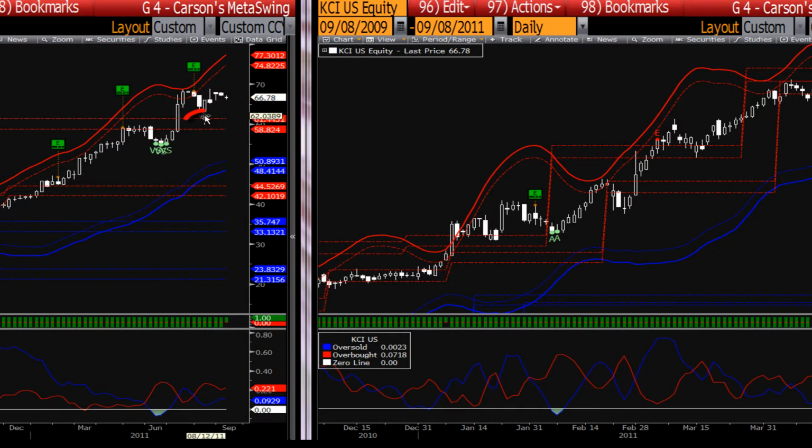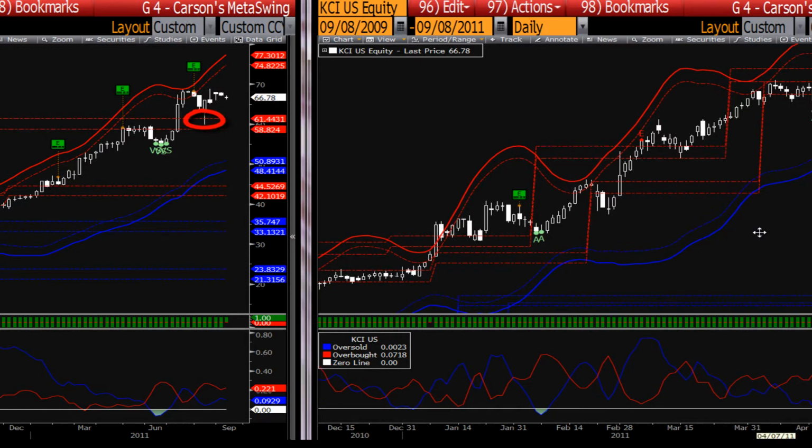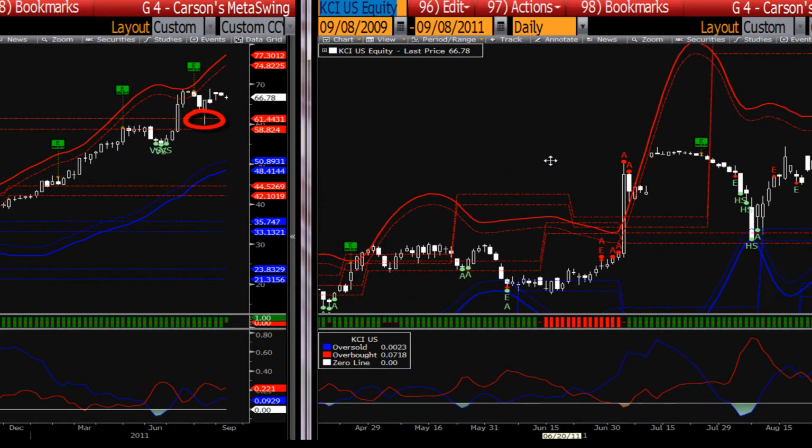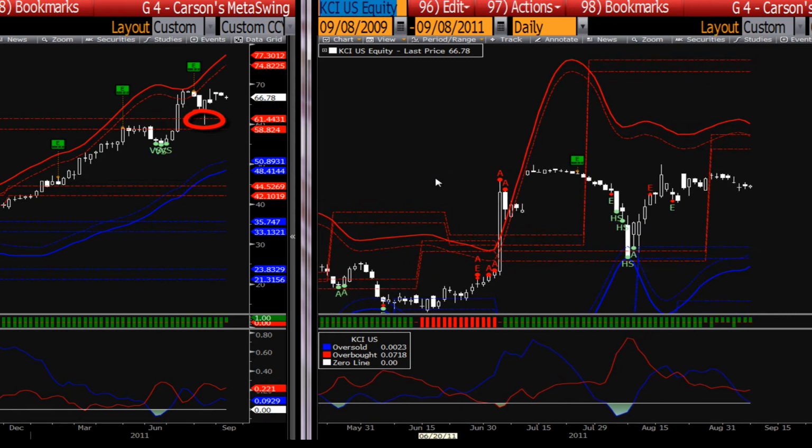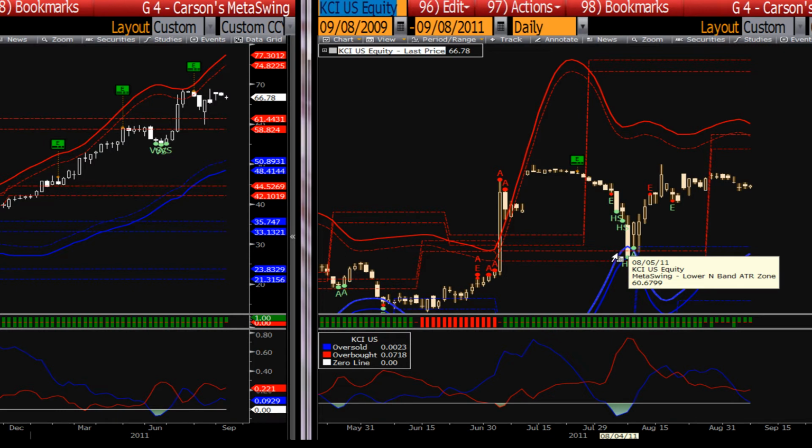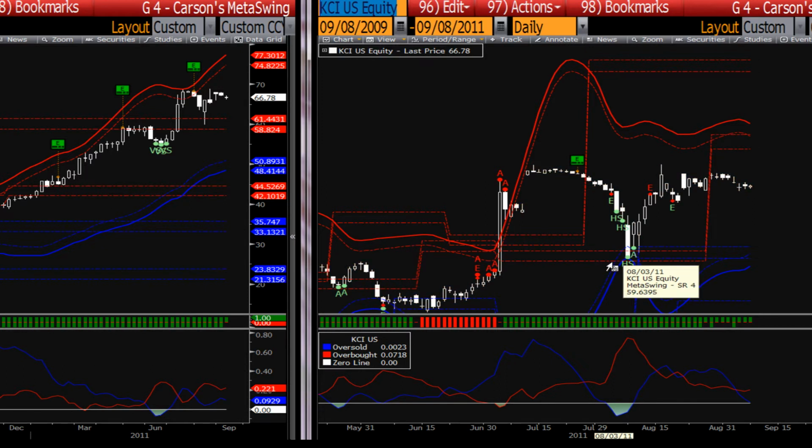So prices pull back. Let's zoom into the daily time frame and look at how the trade could unfold. At the same time, you have similar levels being put in between 60.62 and 59.64. So now we have multi-time frame support.